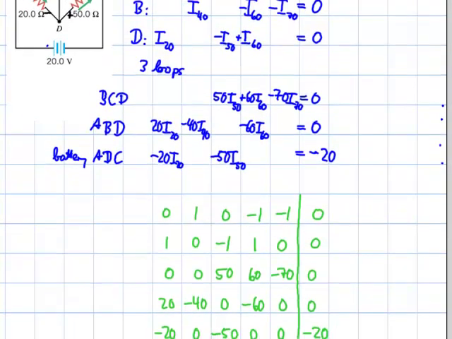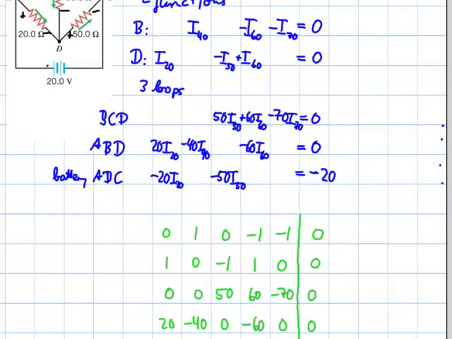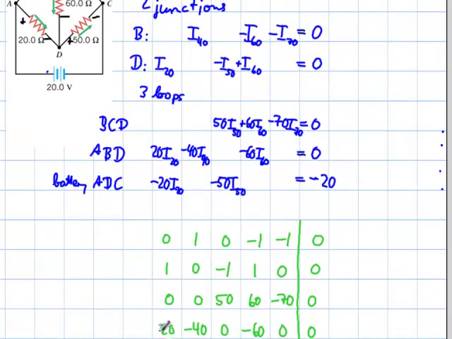Let me just double check that. So I have, here's negative 20 down, negative 50 down, and then here's the, yeah, that's actually 20 up, but it would be on the left hand side. When I get to the right hand side, it would be negative. Then this one here was the loop on the left hand side, so that was because I went this way here counterclockwise, it's 20 up and it's 60 down and it's 40 down, slightly out of the picture.